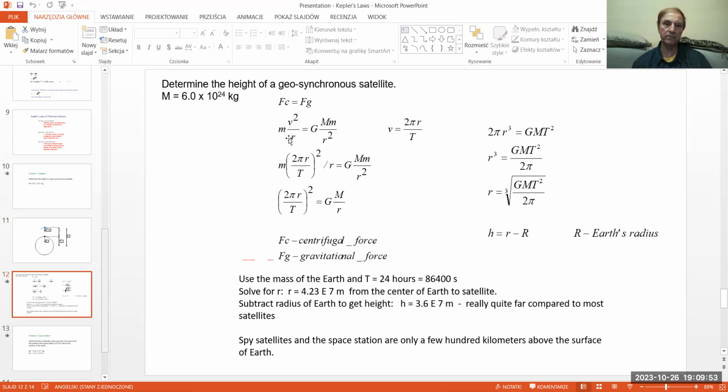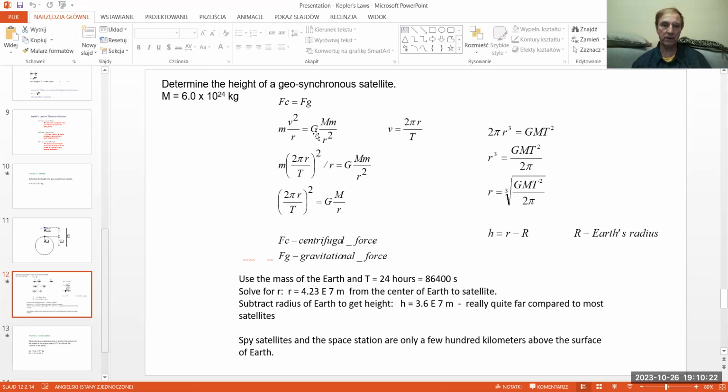Centrifugal force can be found according to this expression, mv squared divided by r. This term is exactly the same as for the centrifugal force, of which we have already spoken.